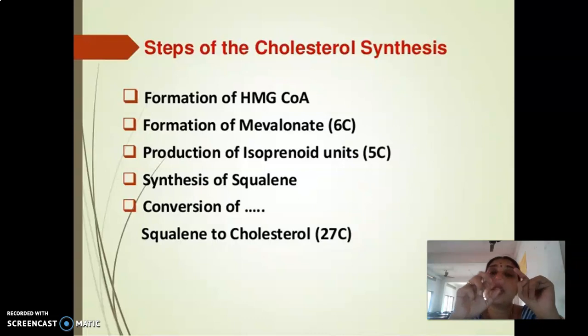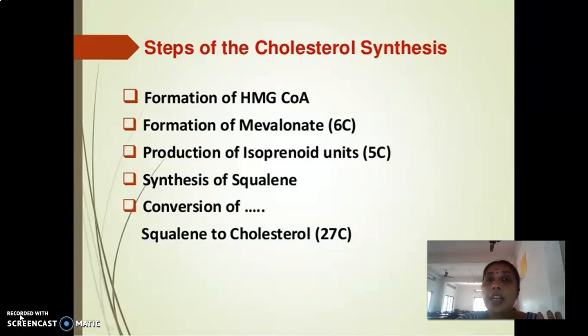This geranyl pyrophosphate adds one more molecule of IPP to give rise to farnesyl pyrophosphate.